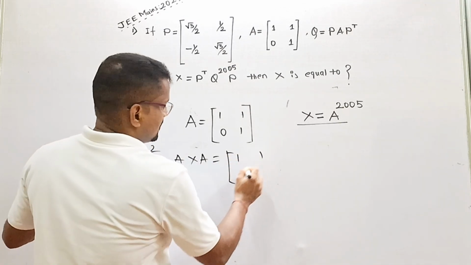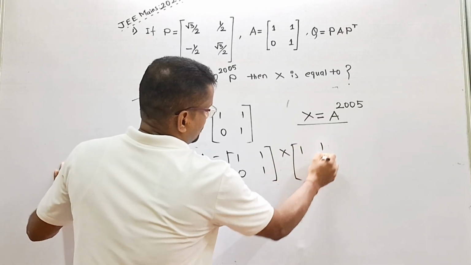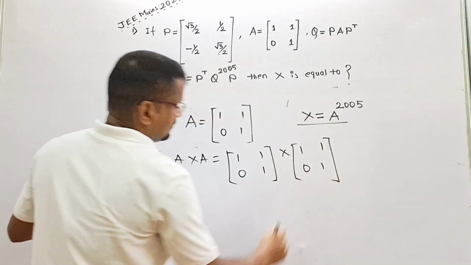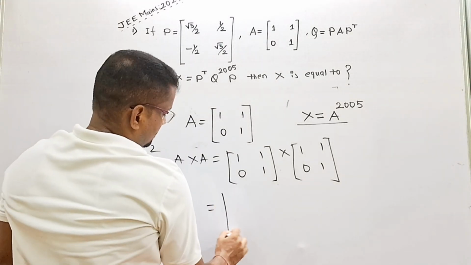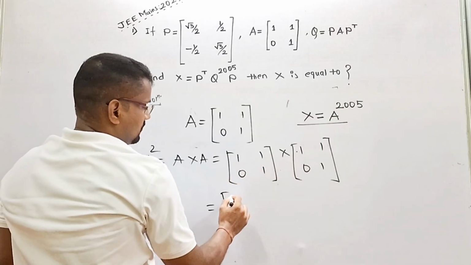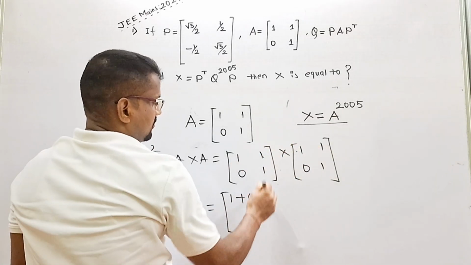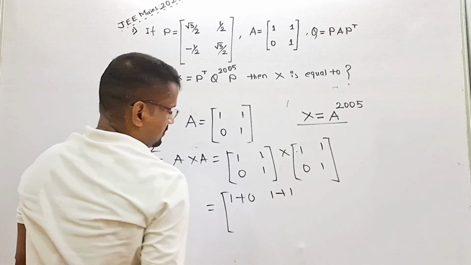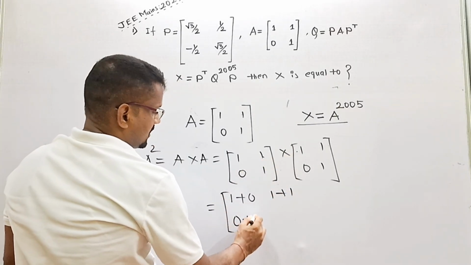So 1 1 0 1 into 1 1 0 1. If you multiply, the first row with first column is 1 into 1, 1, plus 1 into 0, 0. Then first row with second column, 1 plus 1. Second row, 0 into 1, 0 plus 0.